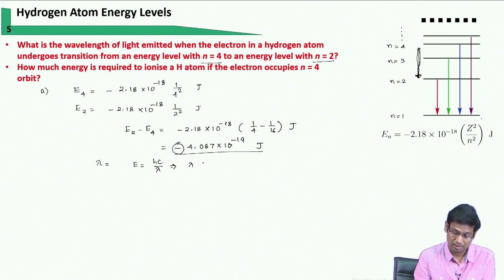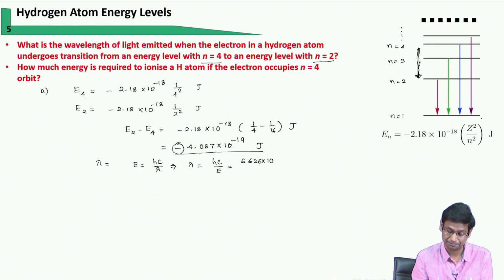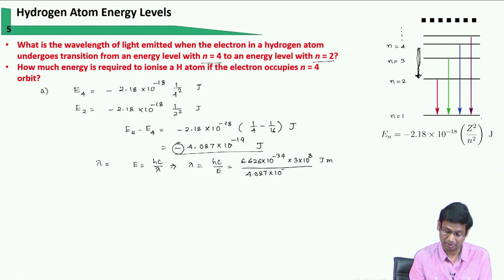So, therefore, lambda is hc by E. Again we have to deal with the multiplication of the two constants, divided by 4.087 into 10 to the power minus 19 joule, which should come out in the unit of nanometer, it is 486.3 nanometer, which is 10 to the power minus 9 meter. So, this is the wavelength that the electron will emit when it jumps from n equals 4 to n equals 2.